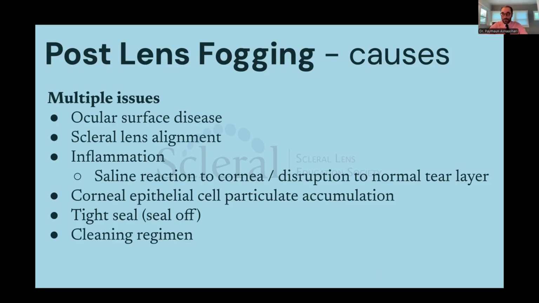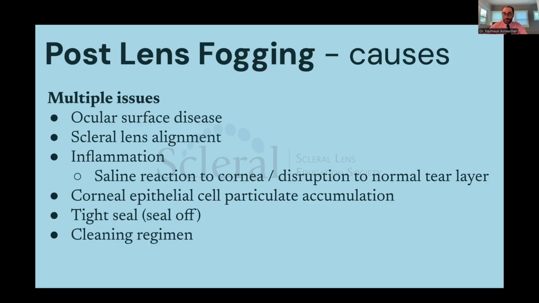An ocular surface that has ocular surface disease is going to have an unstable tear film. It's going to have inflammation on it. And if you have an eye that has inflammation, ocular surface disease, and you put a plastic device on their eye, even though it has saline, the eye still could get disrupted potentially with that. So it's important to address ocular surface disease and make modifications if needed.